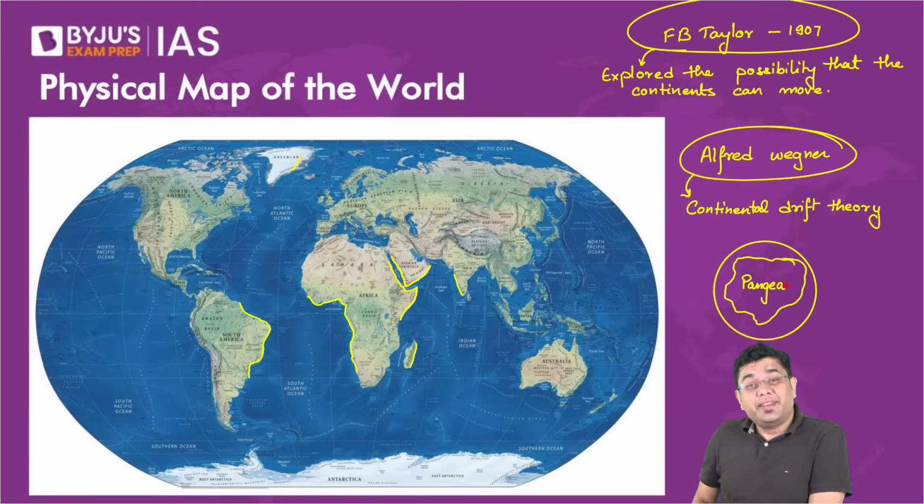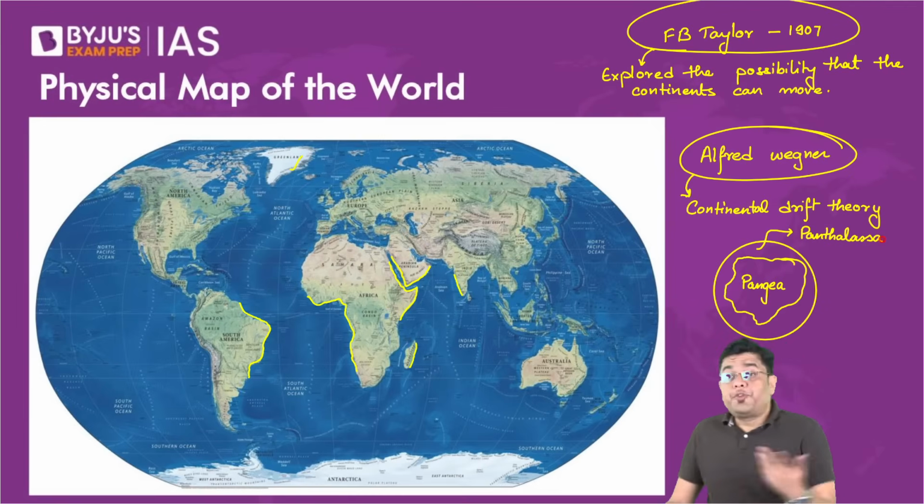All the land masses were included within that. Then you had a water body surrounding that Pangea, and he named it Panthalassa, or ocean of the world.